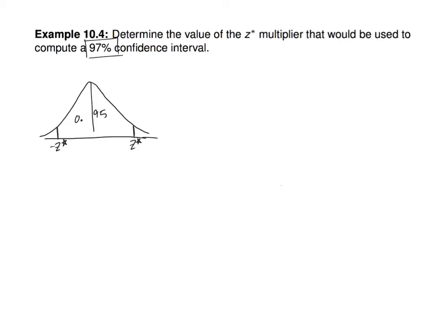I wrote 9.5 and that's not supposed to be 7. Okay, so you need to figure out what are the numbers so that the area between them is 0.97, and that means how much is left in each of the tails. 0.015. Does that make sense?